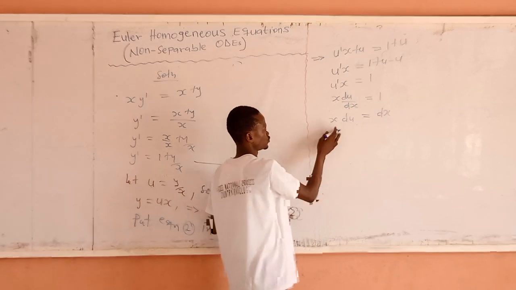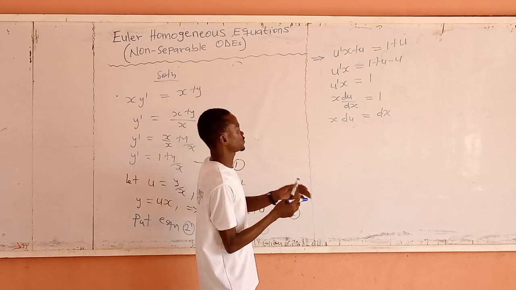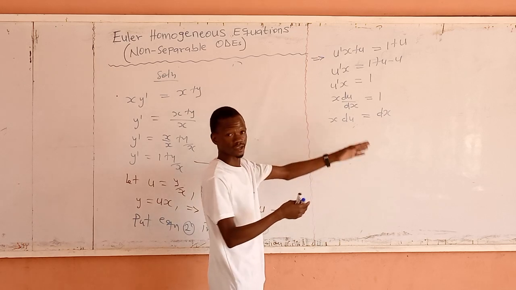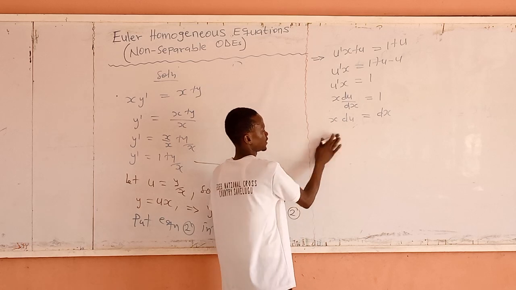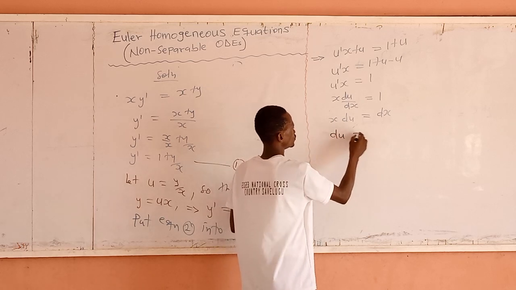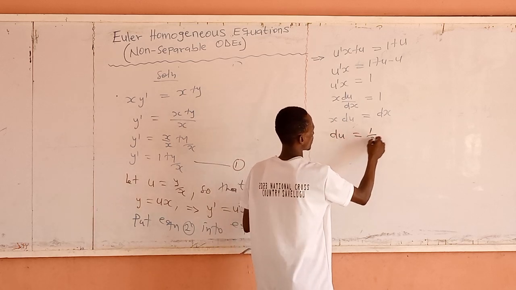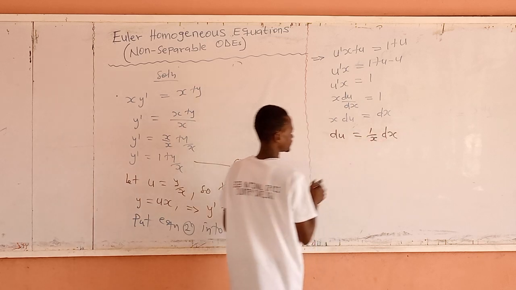So the next thing to do is to regroup. At this point, the equation has become separable, and we are now trying to separate the variables in terms of u and x. So I divide both sides by x, and I will obtain du equal to 1 over x dx.